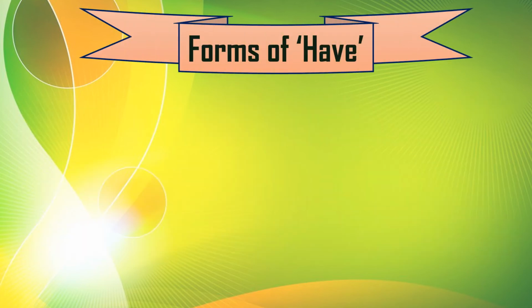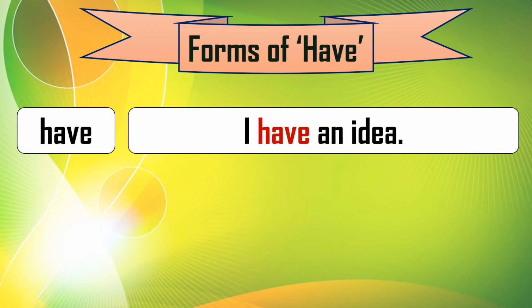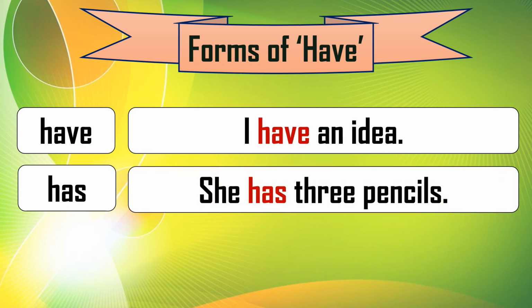Then the next part, forms of have. I have an idea. See, I have framed very simple and easy sentences so that you can understand easily. Has. She has 3 pencils. Had.